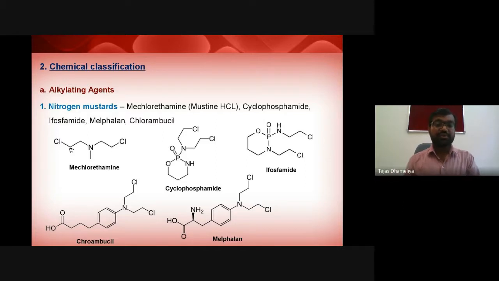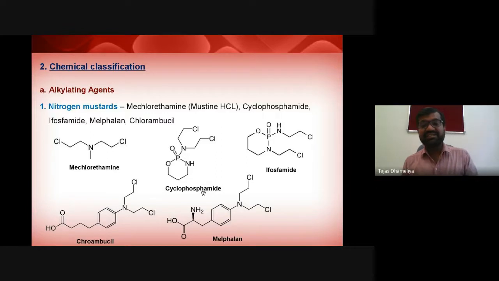Although I have not shown any alkylation process in this slide, if you visit Medicinal Chemistry by Wilson and Gisvold, you will be able to see the mechanistic process where they have explained how an alkylation can be achieved. Okay, so mechlorethamine is one of the alkylating agents.